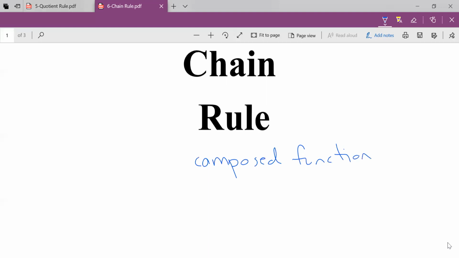So if we're thinking back to 30-1, this is talking about functions like this, where h at x is equal to f composed with g at x. And so taking the derivative of this right here can certainly be a little tricky at times.